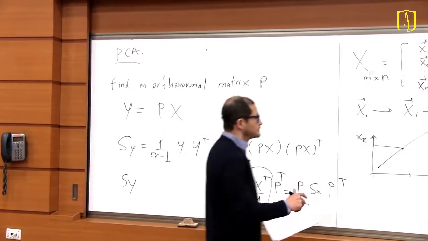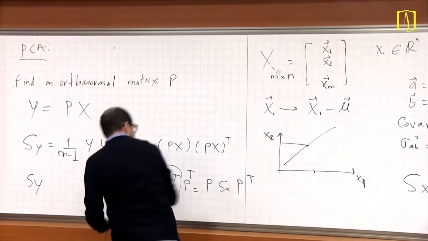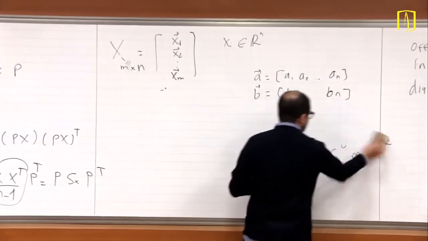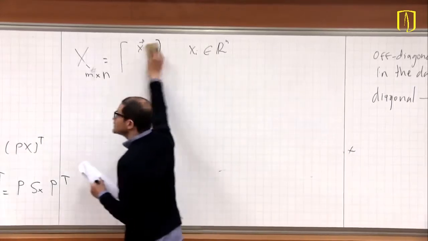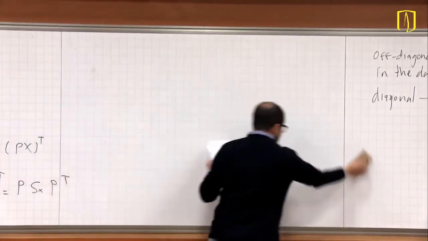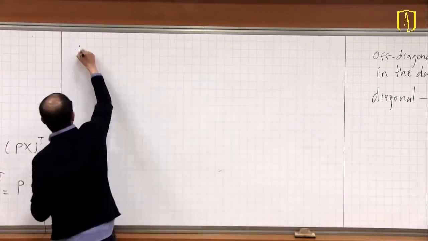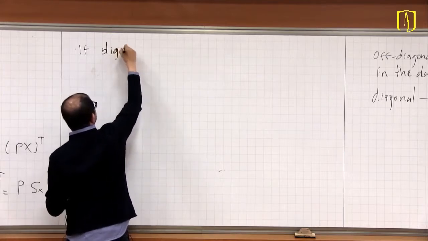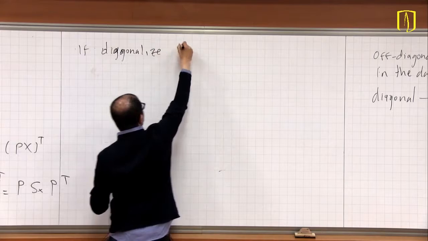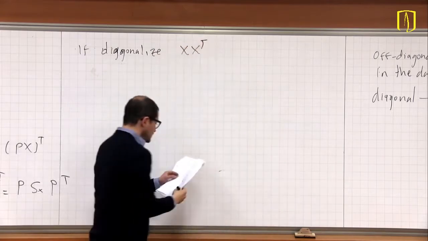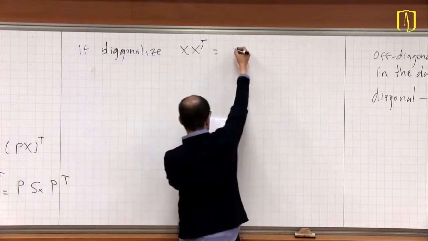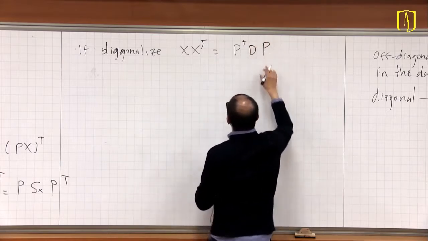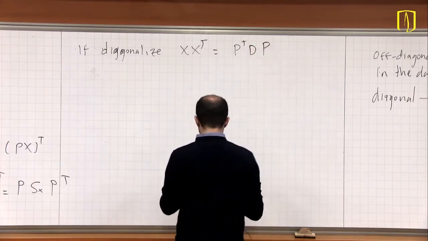So if we write x times x transpose this way, as P transpose D P, then I think we achieve what we want, right?